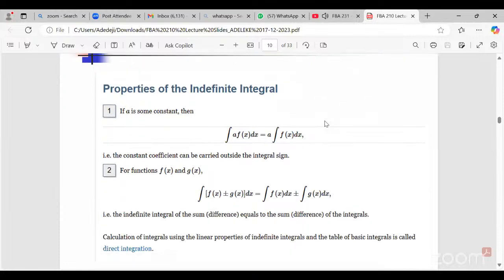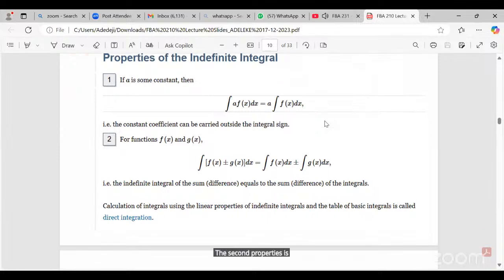The second property is that if you have two functions, f of x and g of x, and you want to integrate their addition or their subtraction, you could add, and then the resulting addition, you integrate, if you are dealing with addition.